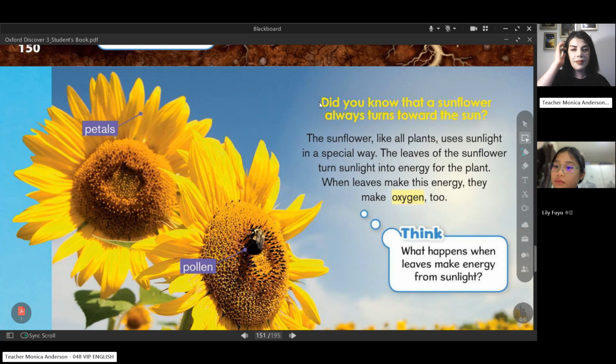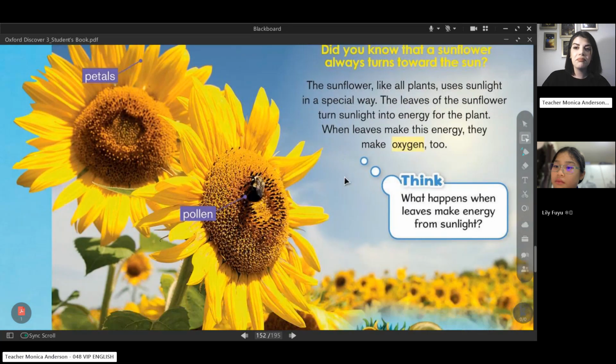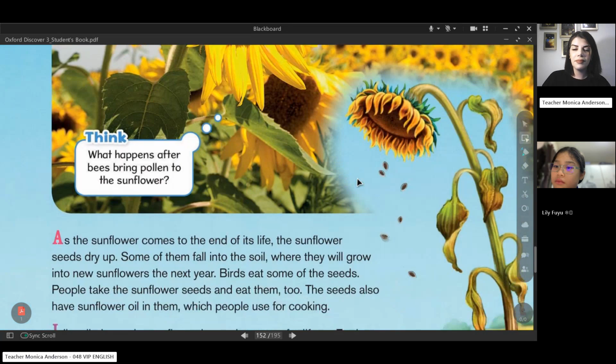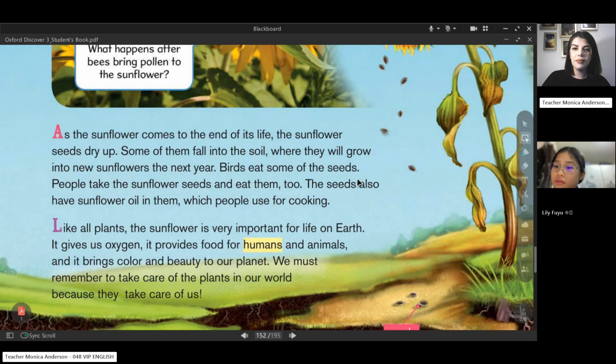As the sunflower comes to the end of its life, the sunflower seeds dry up. Some of them fall into the soil, where they will grow into new sunflowers the next year. Birds eat some of the seeds. People take the sunflower seeds and eat them too. The seeds also have sunflower oil in them, which people use for cooking.